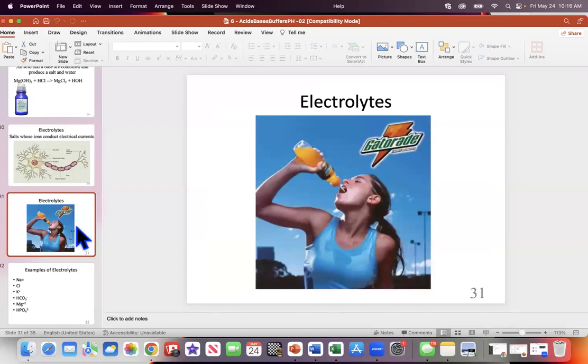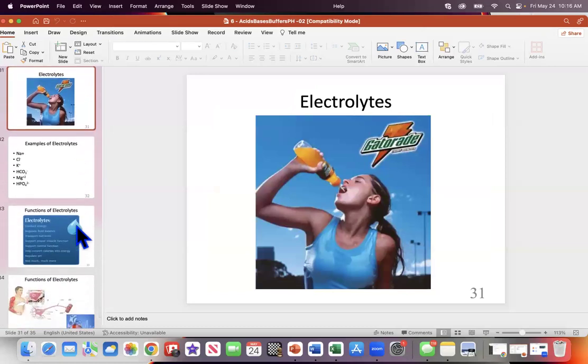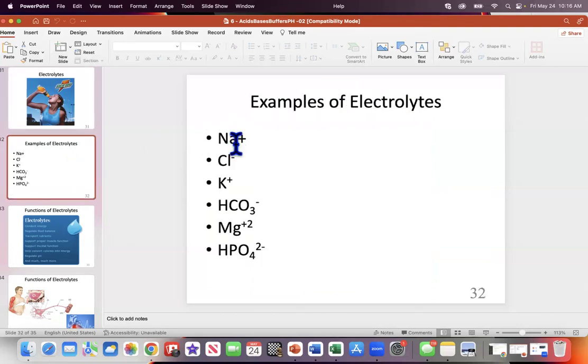That's why those companies sell you sports drinks. They will tell you, okay, there are a lot of electrolytes in a sports drink, and it will keep you healthy, which is correct. But actually, you don't need to buy those sports drinks, because you learned electrolytes are actually salt. These are the electrolytes.